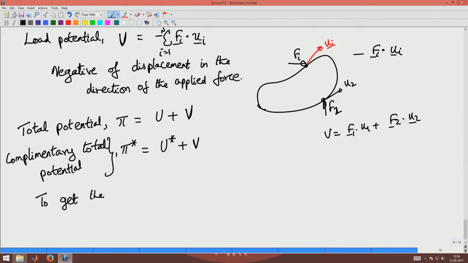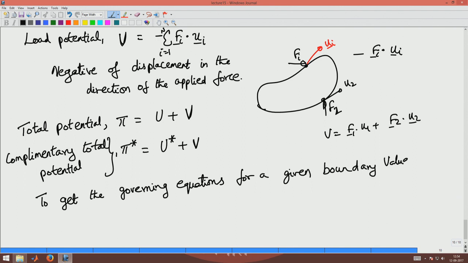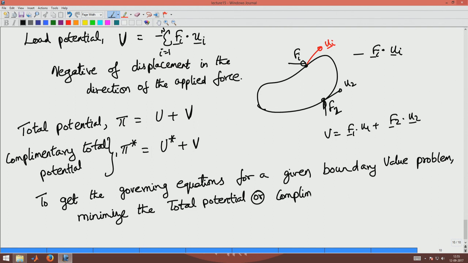Okay. To get the governing equations for a given boundary value problem, we have to minimize the total potential or complementary total potential.